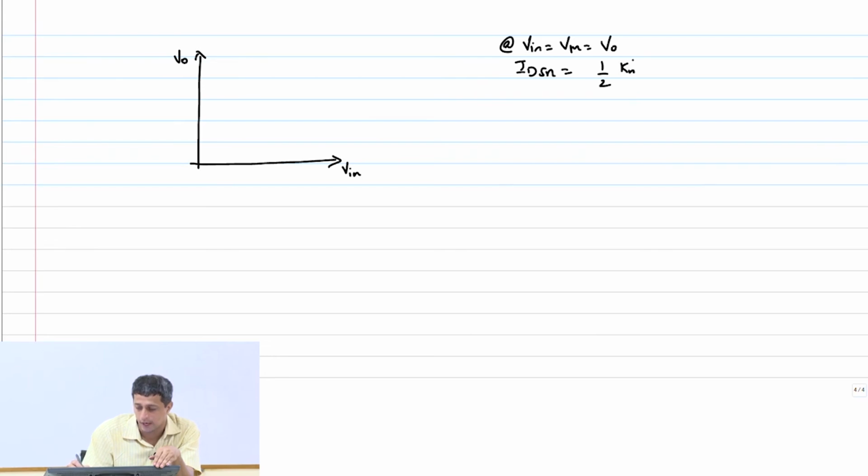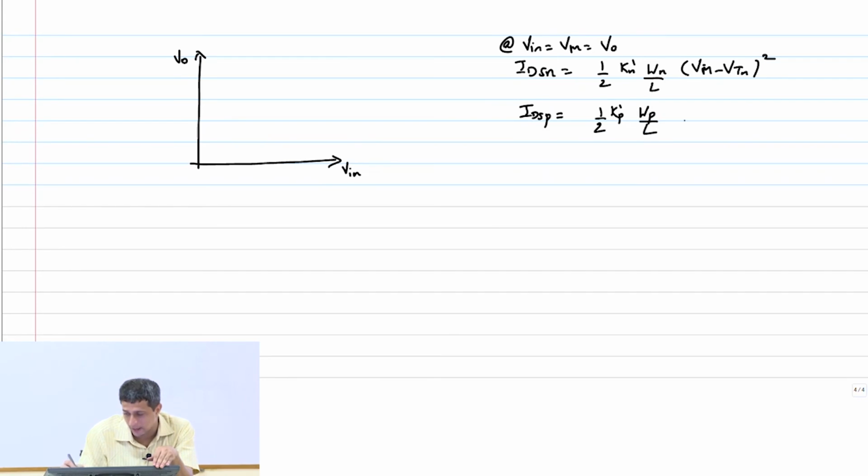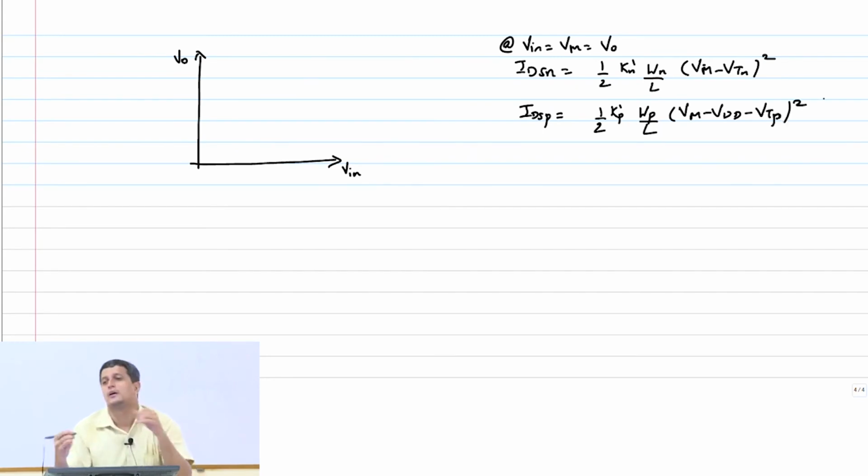Half of Kn prime Wn by L into Vm minus Vtn the whole squared. IDSP is what? Half of Kp prime Wp by L. Both are in saturation. Vm minus Vdd minus Vtp the whole squared. Do any of these currents depend on Vout? No. So what will be the slope?